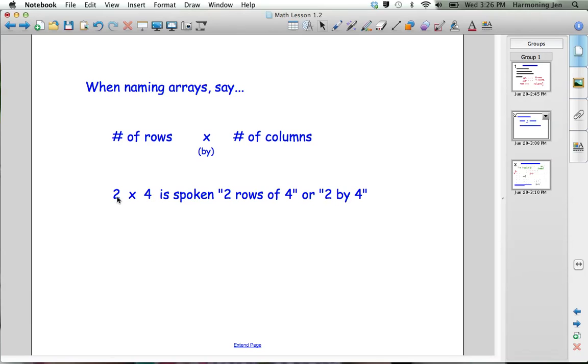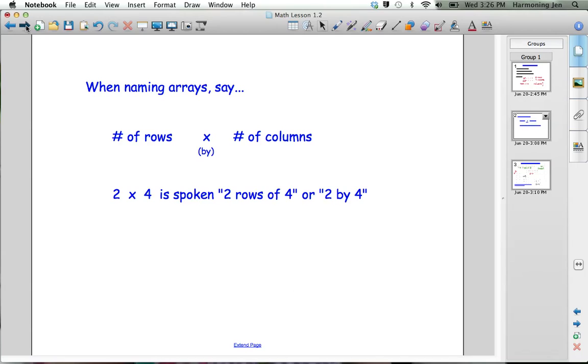So if you have this array, which is the array that we just saw on the last page, 2 rows, 4 columns, it's spoken 2 rows of 4. Or you could say 2 by 4. It's a 2 by 4 array. Or this array has 2 rows of 4. We represent that array with the multiplication problem 2 times 4.